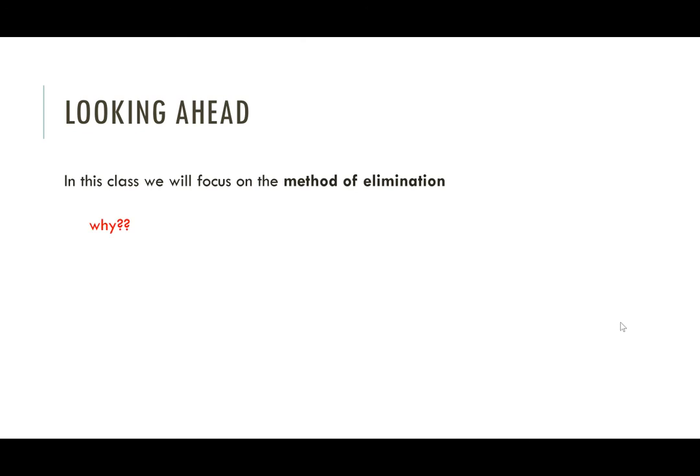Why, you might ask? One answer is that the method of elimination turns out to be the best one suited for writing algorithms. If you've ever had to solve a system with more than 2 equations and 2 unknowns, it is a giant pain, and you are begging for algorithms and you just want computers to do it for you.